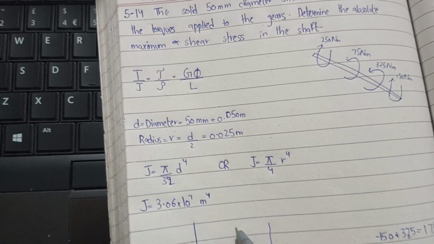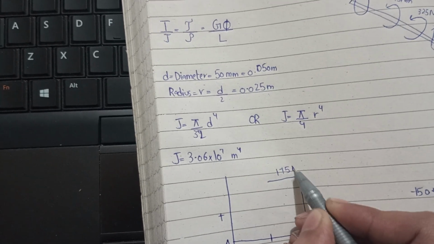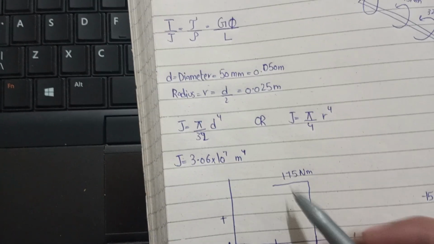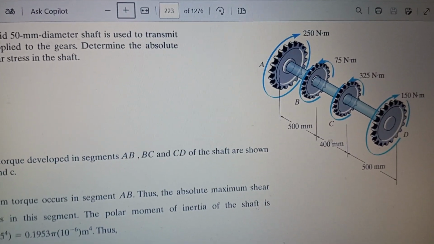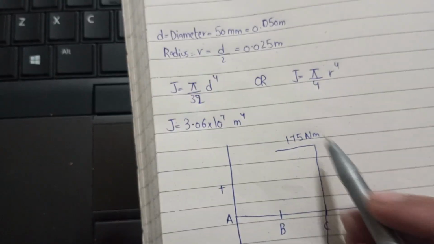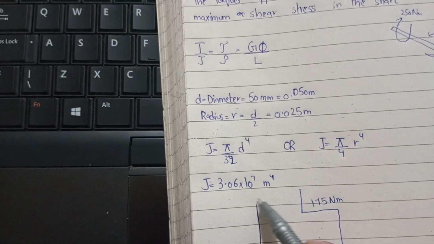It is also constant between 2 points. This is 175 Newton meters. At the next point B, it is also anti-clockwise, so we take it positive. So 175 plus 75 is 250, which is like this.